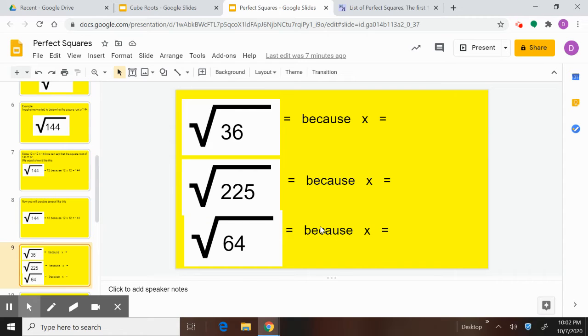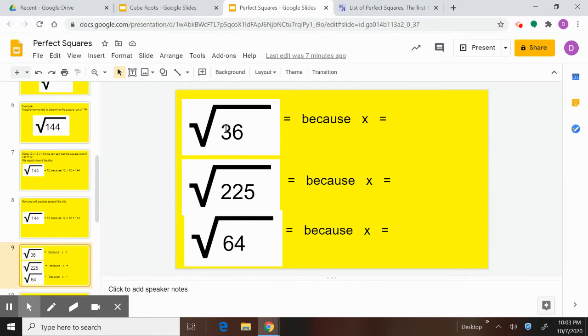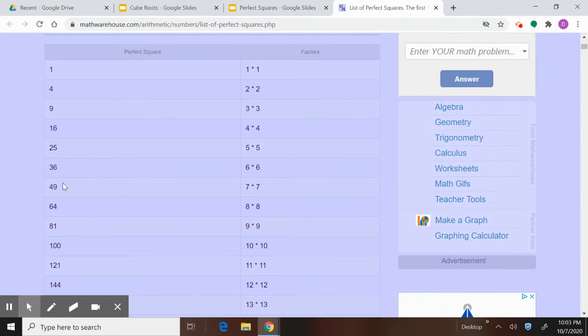For example, you want to find out the square root of 36, the square root of 225, and the square root of 64. You can use this list of perfect squares if you want. If I wanted to know the square root of 36, I could go here and find, oh, there's 36. 6 times 6 makes 36.